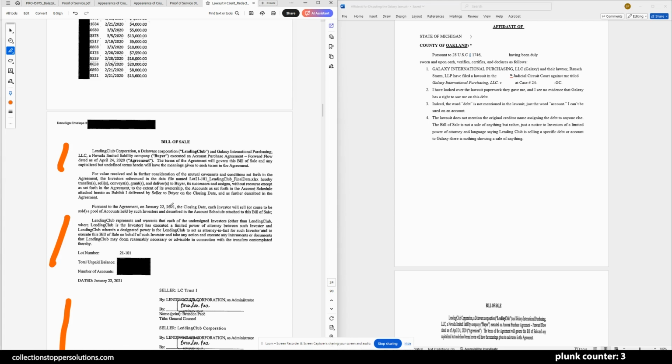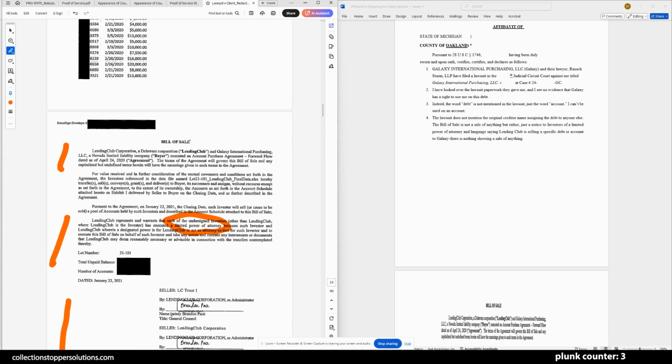Pursuant to the agreement on January 22nd, the closing date, each investor, what investor, will sell a pool of accounts, that's not a debt, held by such investors. Lending Club represents and warrants that each of the undersigned investors, other than where Lending Club is the investor, has executed a limited power of attorney. So that's all this really is.